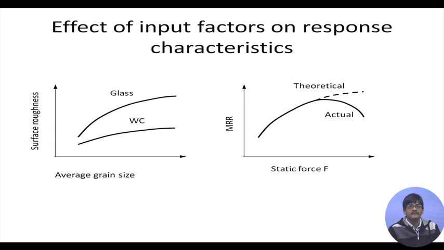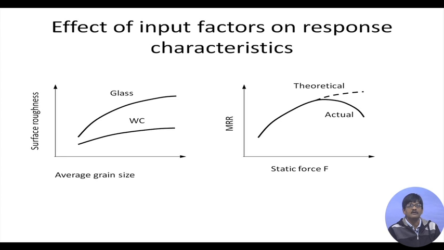Coming to the second one, which is static force. If the static force is increased, we will expect the MRR to increase by f to the power 3/4, because MRR is proportional to static force to the power 3/4.